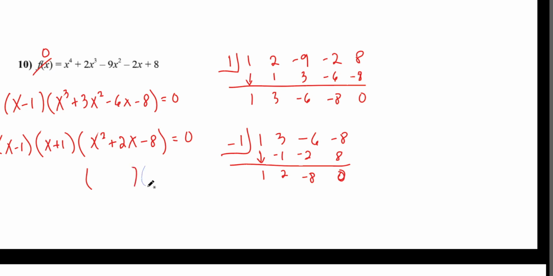This is a trinomial factoring, so you should be able to do this. X and x. Okay, these two numbers have to multiply to be -8, and they have to add up to be positive 2. So what's going to work? 4 and 2. Yeah, which one's positive, which one's negative?